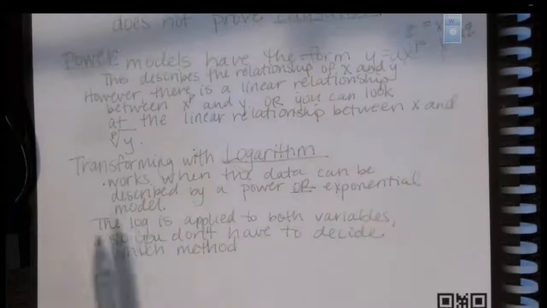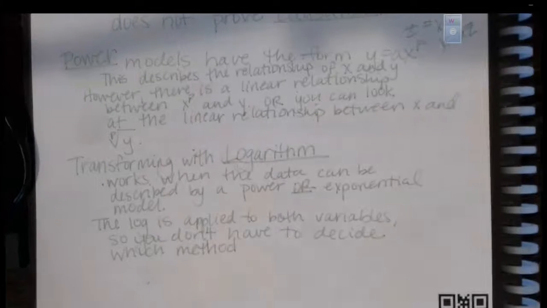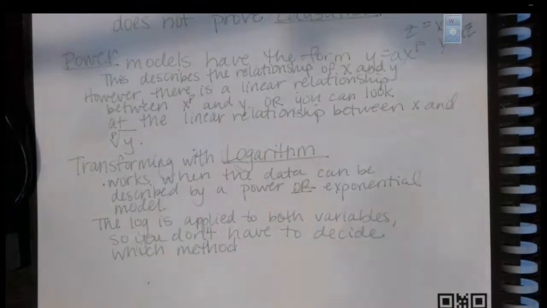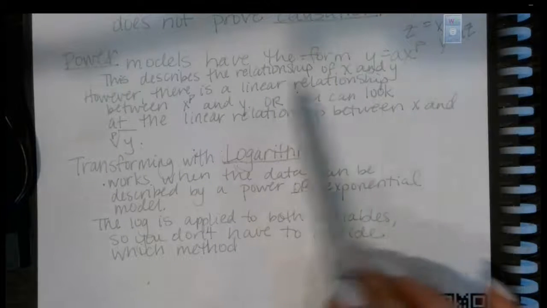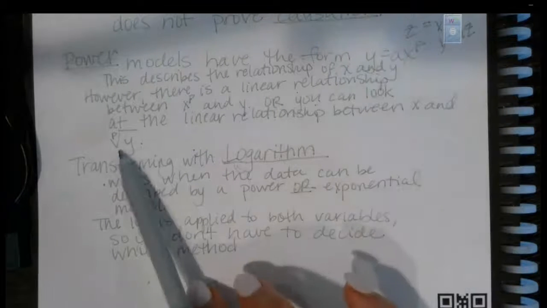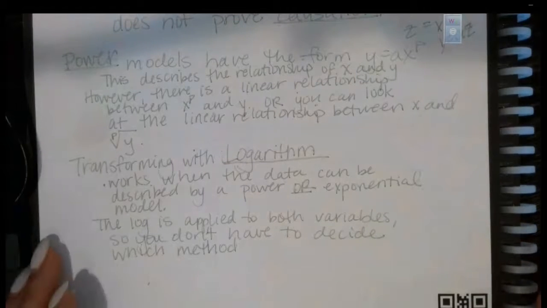You'll apply the log to both sides of the equation, to both variables, and then you don't have to decide whether to raise y to a power, take the pth root of y, or raise x to the p. If you just take the log of both sides, you don't have to decide between those.